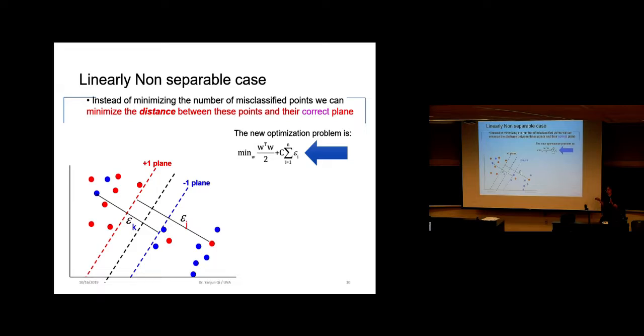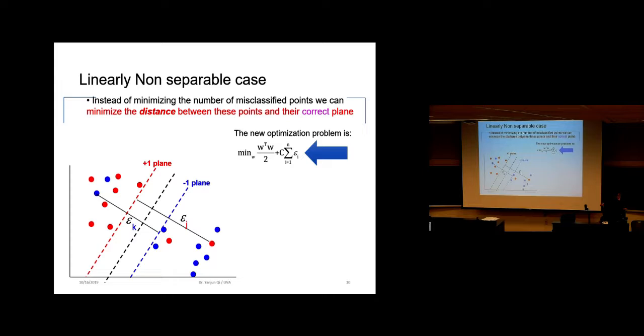However, if this point is not predicted correctly, it's on the other side of the correct margin, the correct boundary, you're going to use that epsilon as part of the loss formulation. So for each training point, you're going to have an epsilon i parameter to look for.